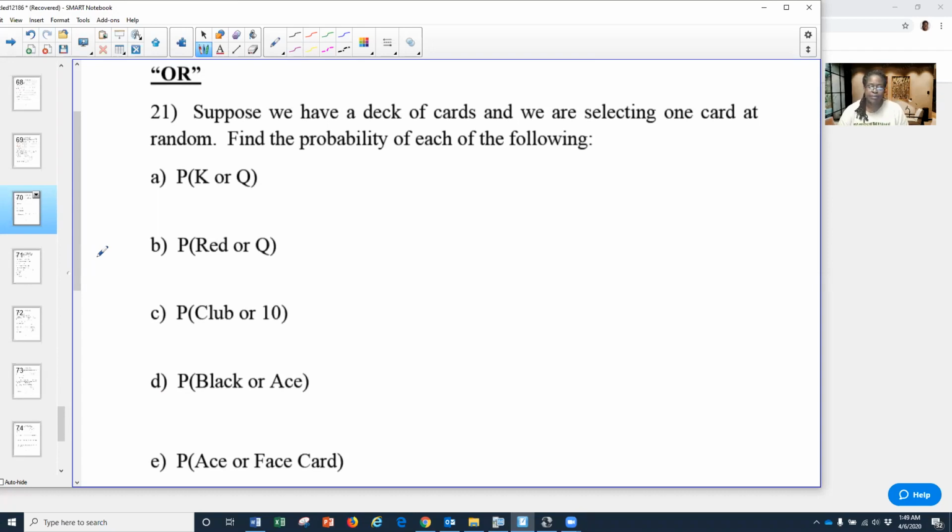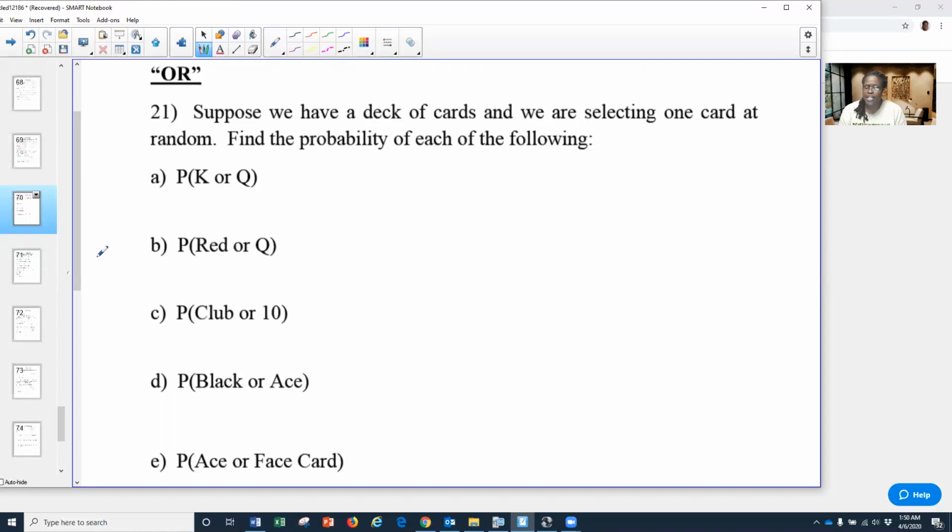We just looked at and looked at doing some AND problems. What we remember about AND is that we multiply with AND. It's kind of looking at using our fundamental counting principles, so to speak, where we're multiplying our results.